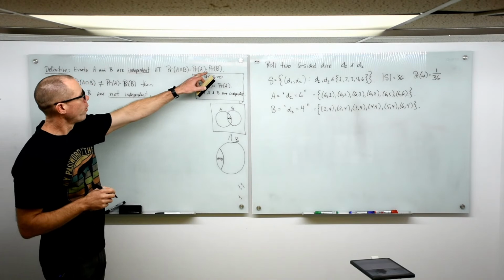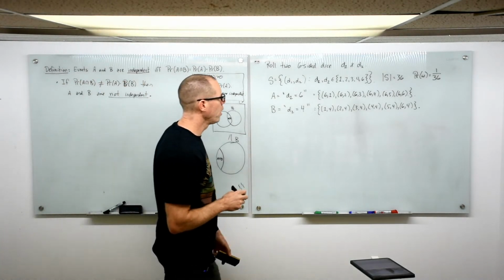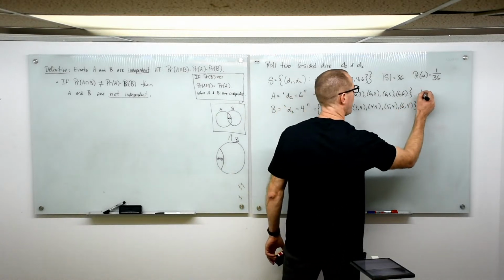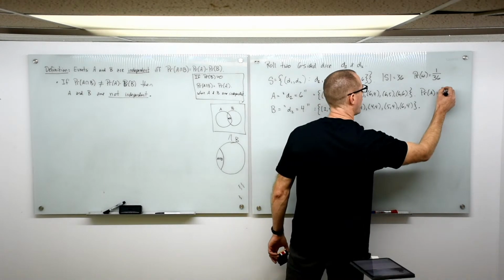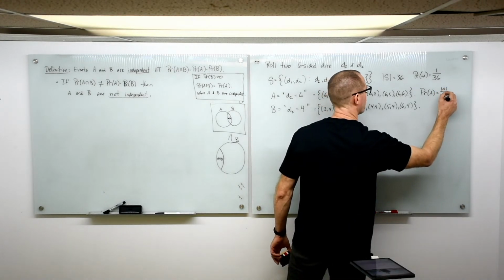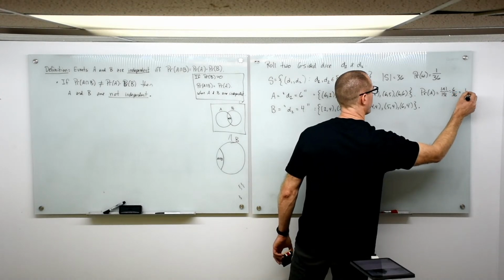So we need the right-hand side here, the probability of A times the probability of B. The probability of A is the size of A over the size of S, which is 6 over 36, which is 1 over 6.